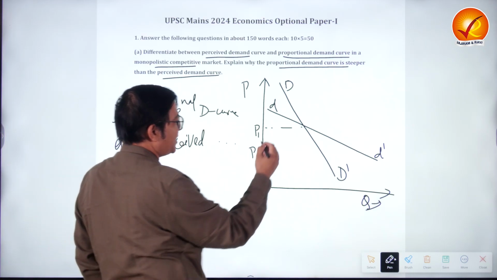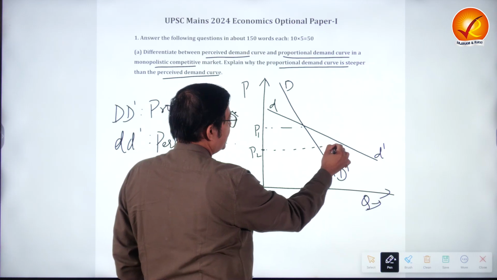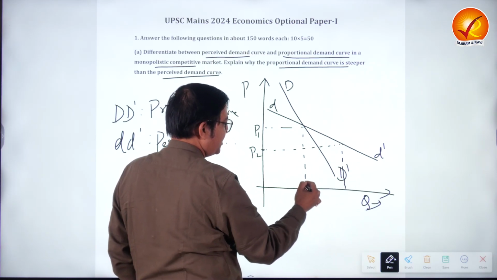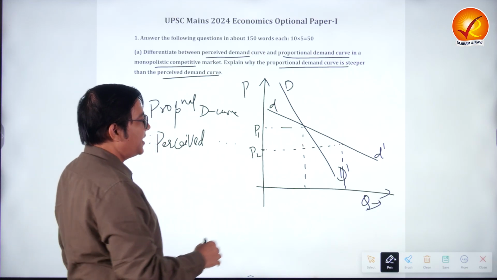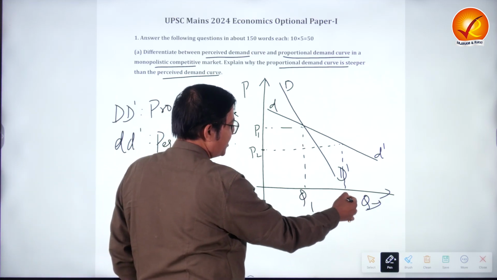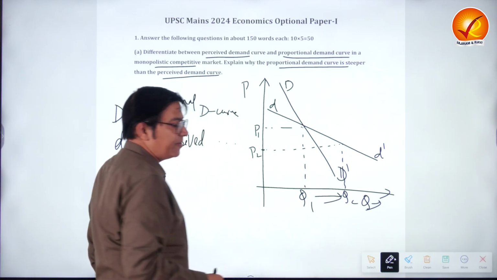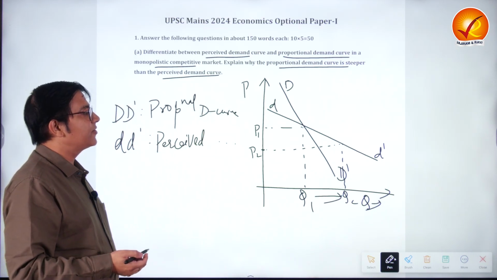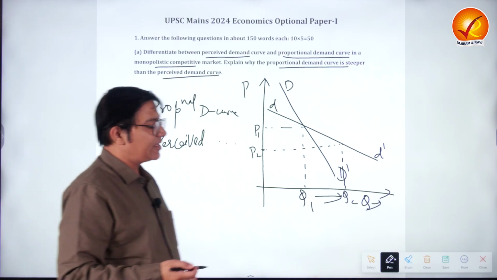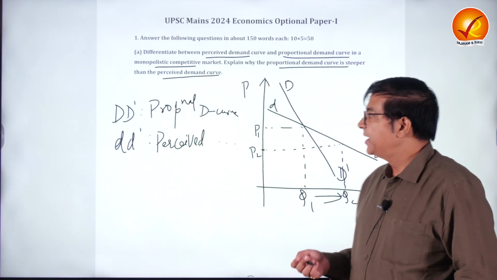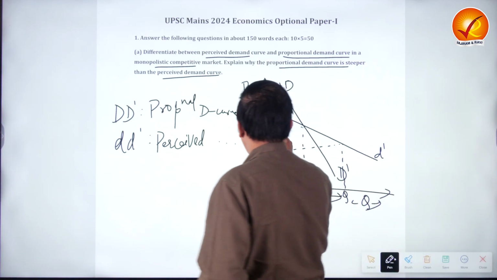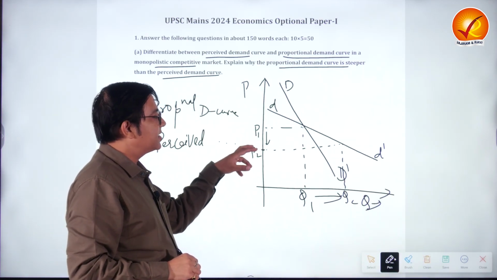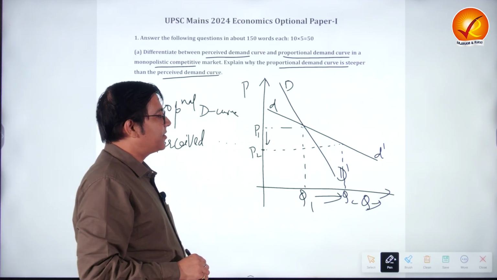The firm will be expecting that it will be able to sell a significant number of extra units. Like earlier, if it was selling Q1, now it will be able to sell Q2. But what it is forgetting is that there are other competitors also. In monopolistic competition, the other competitors may also follow the firm in this price reduction in order to maximize their profit.